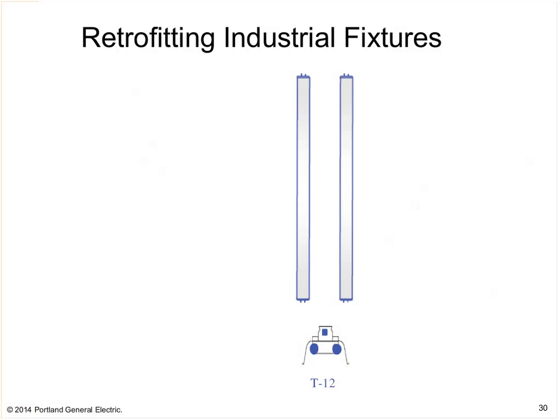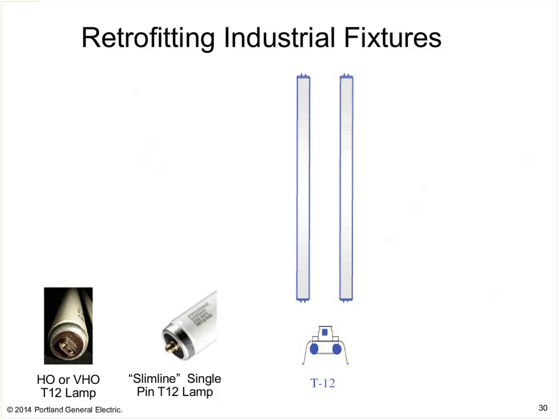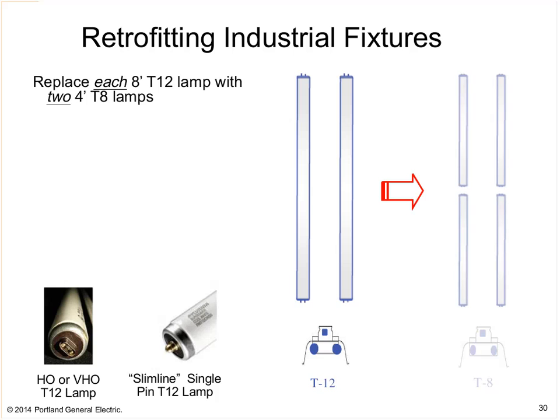We'll look at one more fixture type here, the industrial type strip fixture. These are great candidates for retrofit, especially ones that have 8-foot T8 lamps. They might have your basic slimline single pin lamp, or you might have an HO, VHO T12 lamp. So what we're going to do with this retrofit is we're going to replace each of these 8-foot T12 lamps with 2 4-foot lamps.